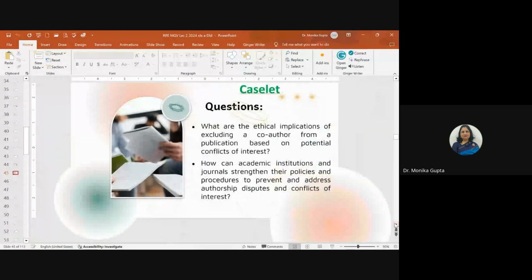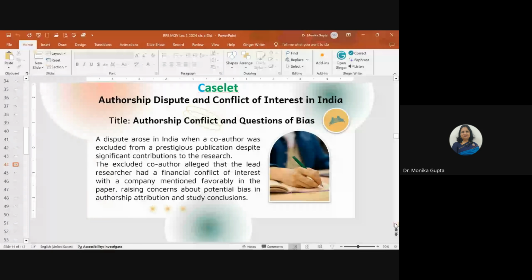Now, a case on authorship, conflict, and questions of bias. A dispute arose in India when a co-author was excluded from a prestigious publication despite significant contributions to the research.